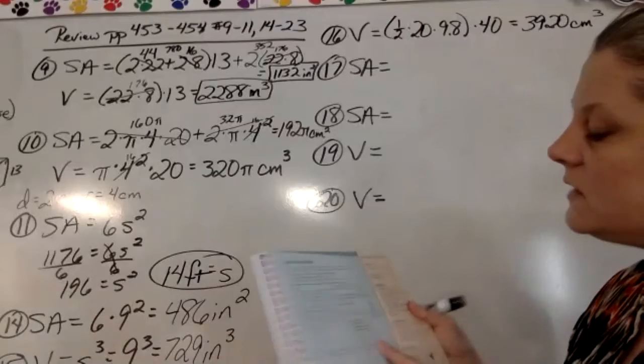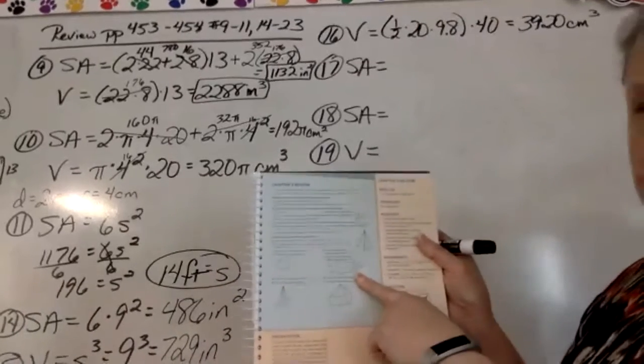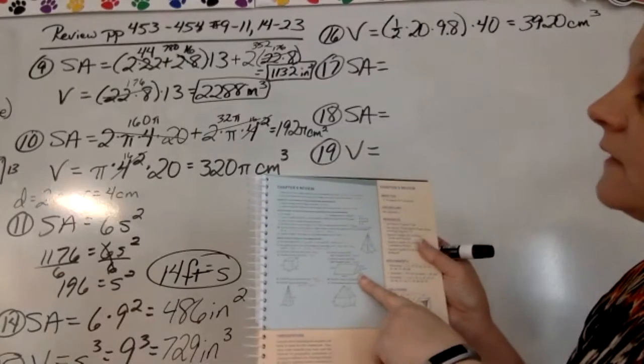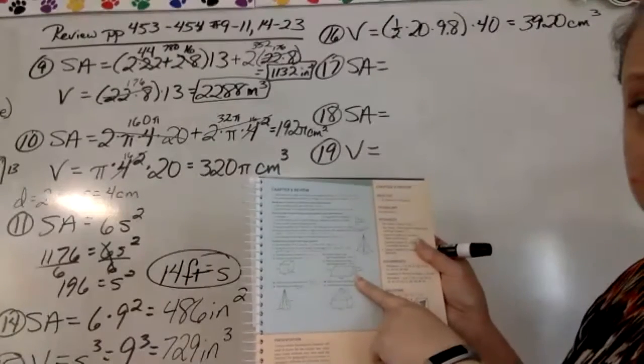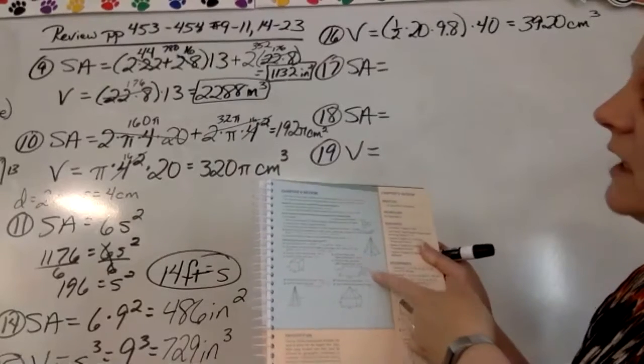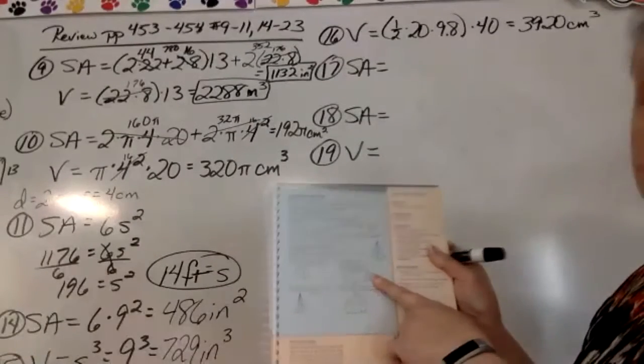If you look closely, this bottom side of the triangle is how big? It's 20. Everybody see 20? And then this back side slanting up and down is 14.